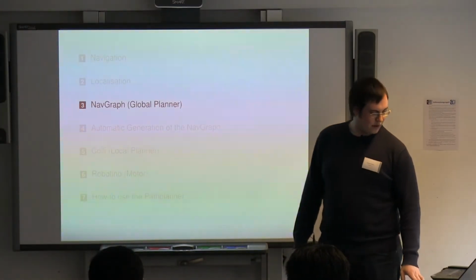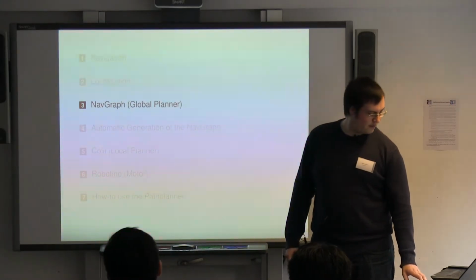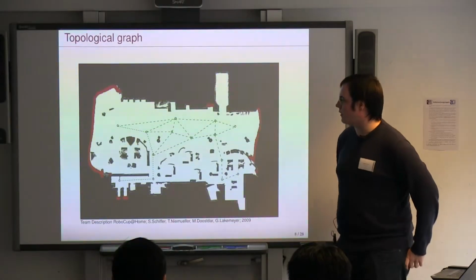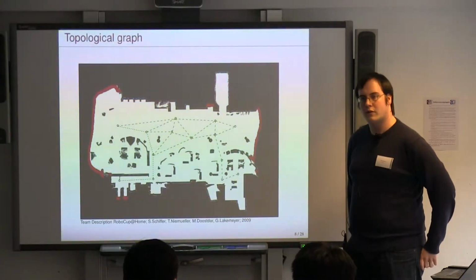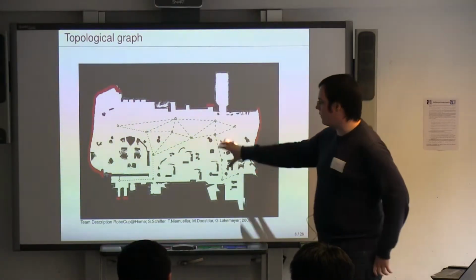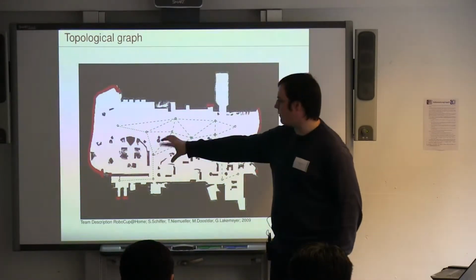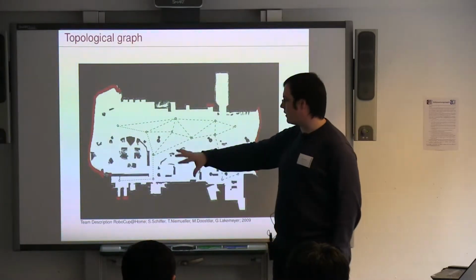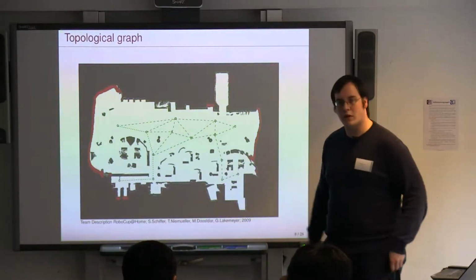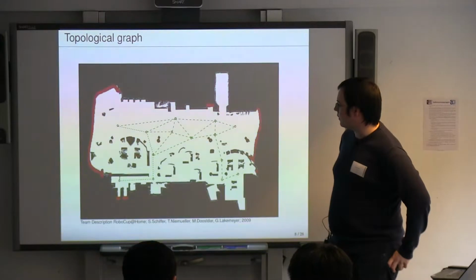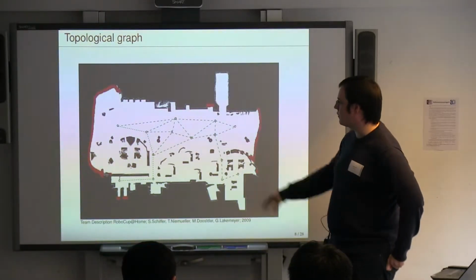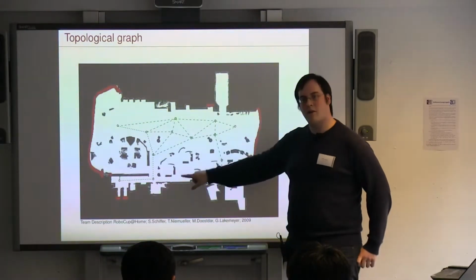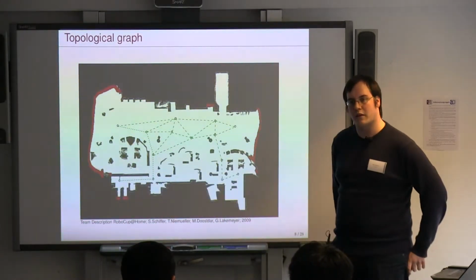Okay, now we start to talk about the NavGraph. The NavGraph that we're using is a topological graph. The idea is that you have your map, and then you have a graph sitting on top of the map. With this graph, you have connections that are obstacle-free by the map. So if your robot were in this room, you could follow all the lines on your graph and would not collide with anything.